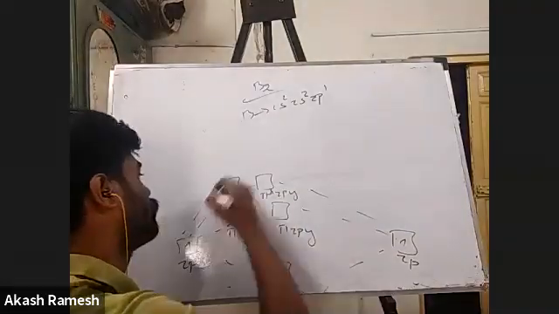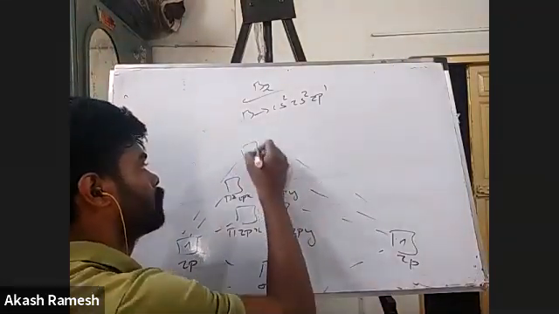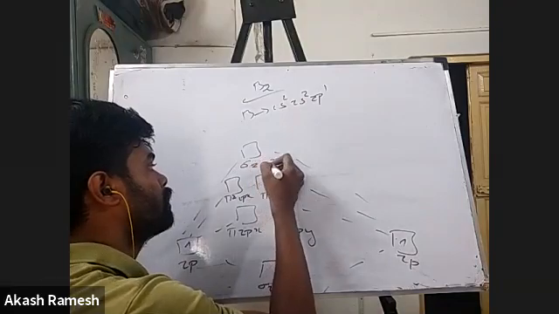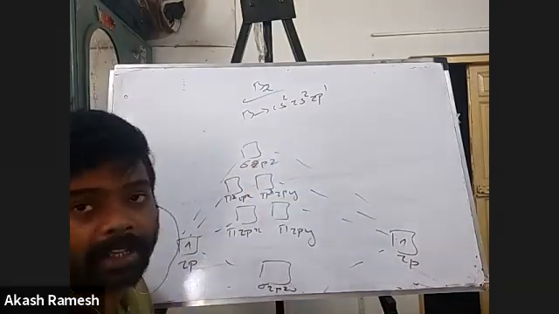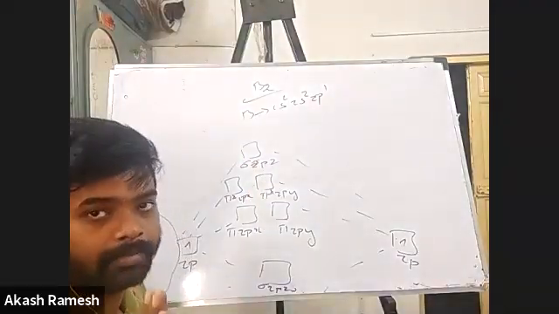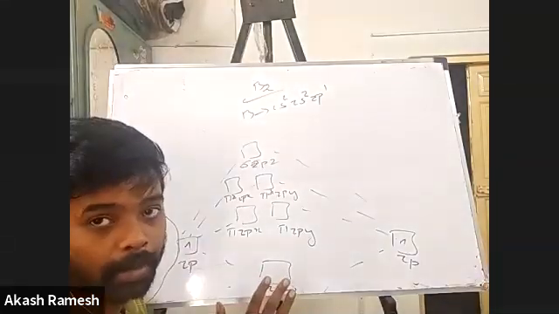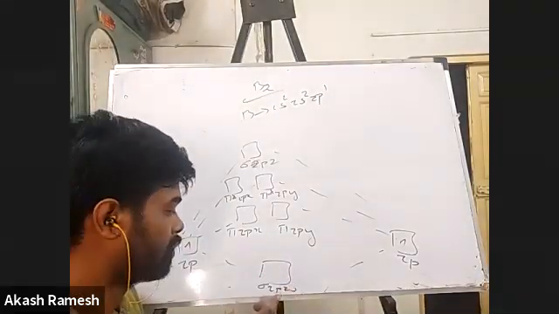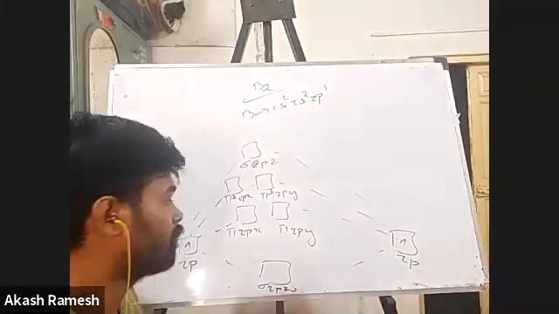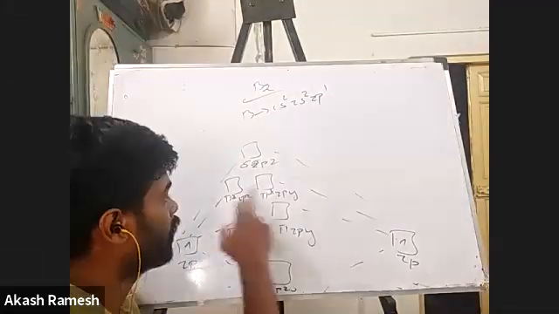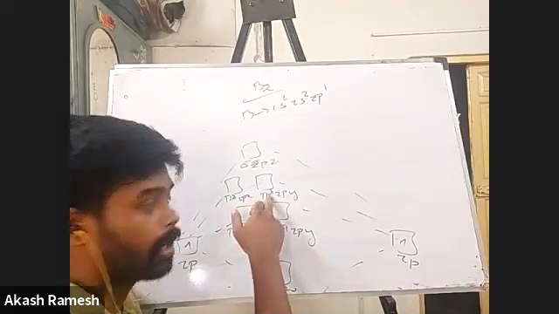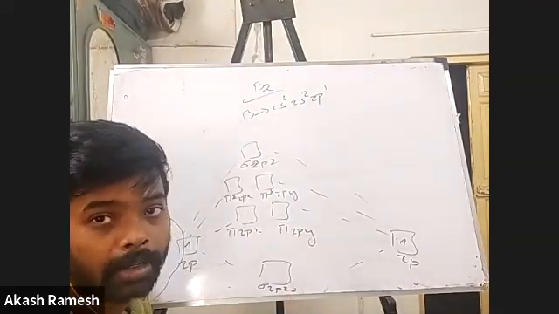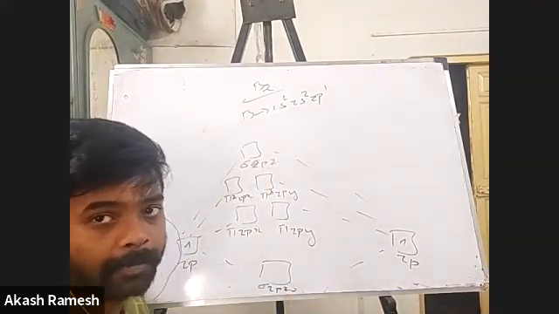Still, I have one more, and that is sigma 2pz and sigma star 2pz. Done. This is how you have to do it for the p orbital. So first sigma 2pz has the least energy, then pi 2px equal to pi 2py, then pi star 2px and pi star 2py, and lastly sigma star 2pz.